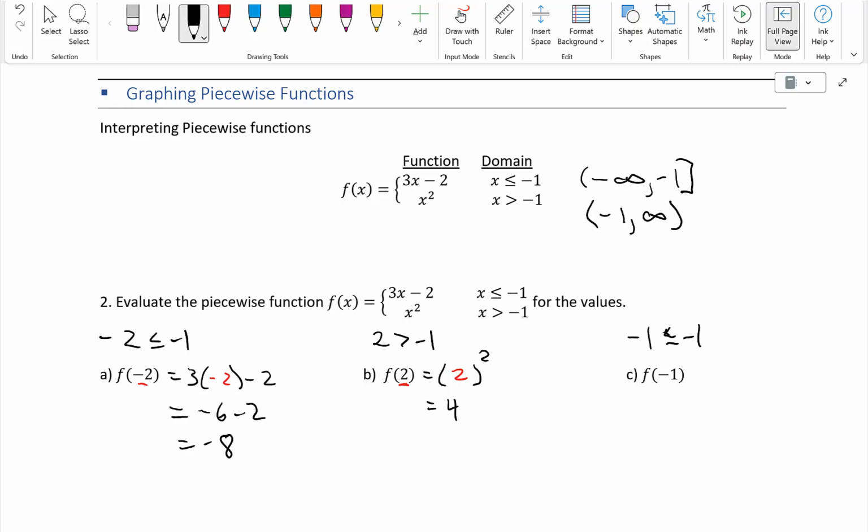So we're going to evaluate it in the first piece of the function. But when we do the graph, sometimes it's helpful to substitute it into both pieces, and we'll look at that in a sec and how it affects the points we plot. When we multiply 3 and -1, it gives us a -3 minus 2, which becomes a -5. So we'd have -1, -5 as another point on our graph.